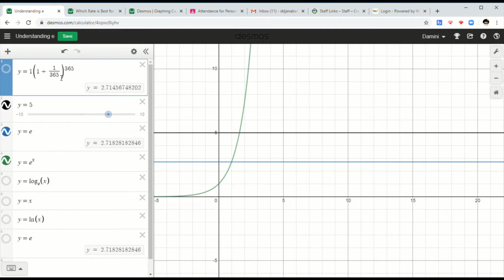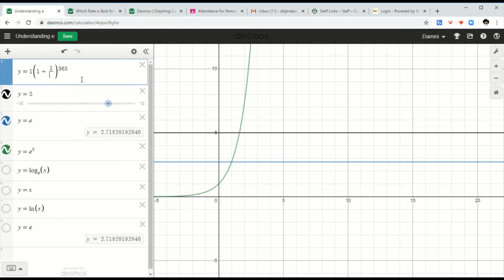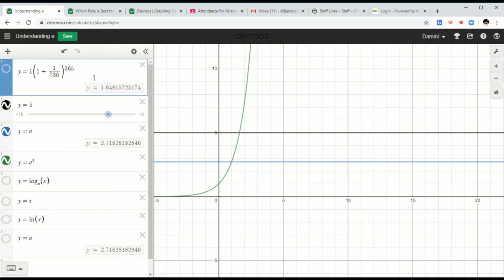Okay? So I want to double this, because I want to say, instead of happening once every day, I want to know what's happening at twice a day. So 365 times 2, okay, 730. I'm going to do 730.